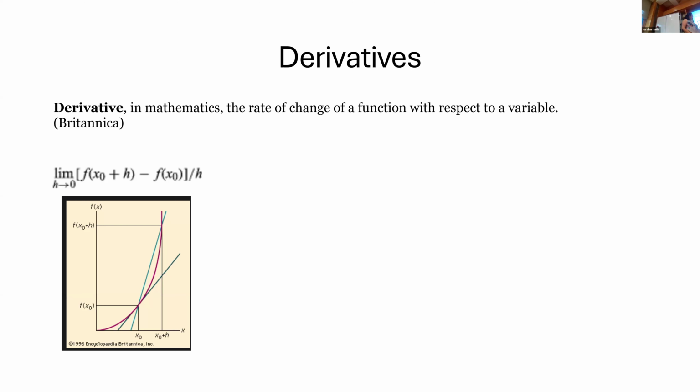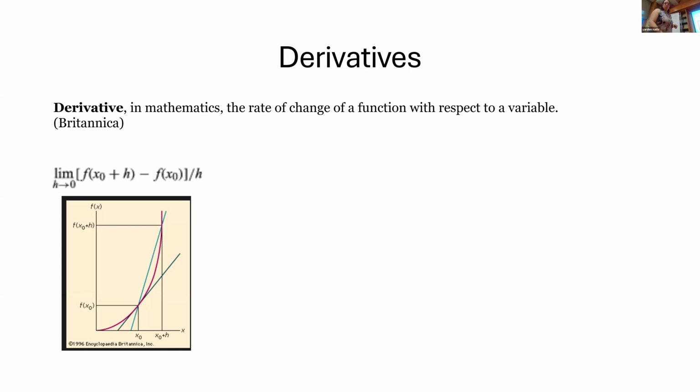Now, if we take these two dots and make them infinitesimally closer, as if these are the most adjacent two points on the function, then we have the derivative, which is also the tangent line, the line that goes through only one point.